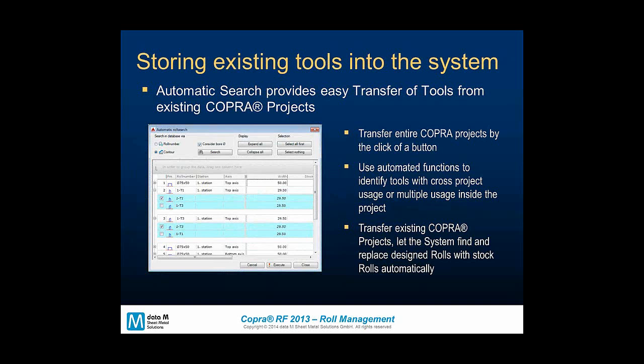And we can use automated functions to identify these tools with cross-project usage or multiple usage inside this project. Say, for example, if we use a standard roll spacer, this would be a good opportunity. And we can also transfer existing COPRA projects, so we let the system find and replace designed rolls with stock rolls automatically in the same manner.